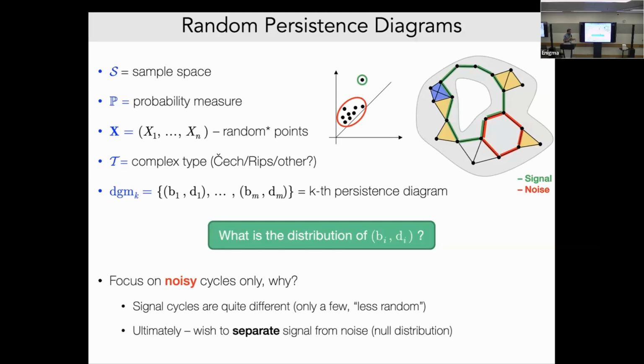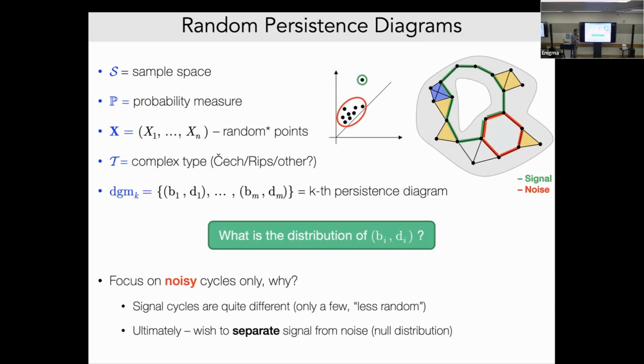The probabilistic analysis mostly focuses on the noise part for 2 main reasons. One is that the signal cycles, in this example, you only have 1 signal. There's only 1 hole that you're going to see. But depending on the number of points you have, you might have a lot of noise. The signal is very large, the noise is very small. It's quite different in terms of what it represents, the distribution of it. It's not the same object that we can put together.